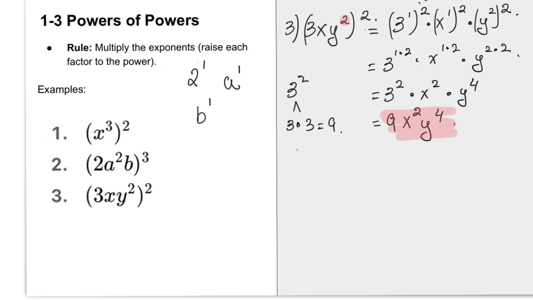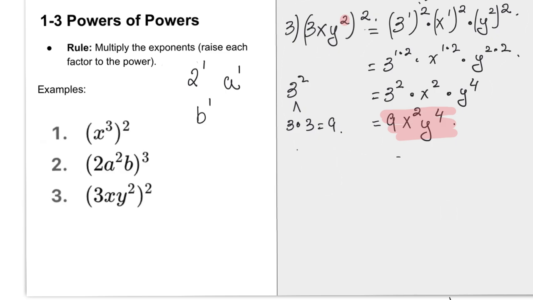Are you ready for your own example? Let's get started. I'll give you 2 examples. Okay, so we have 5m raised to the second power and n raised to the third power.